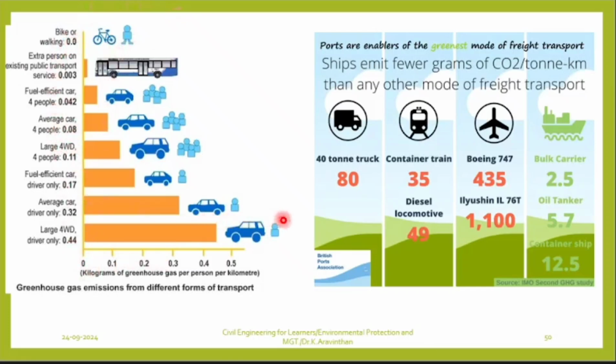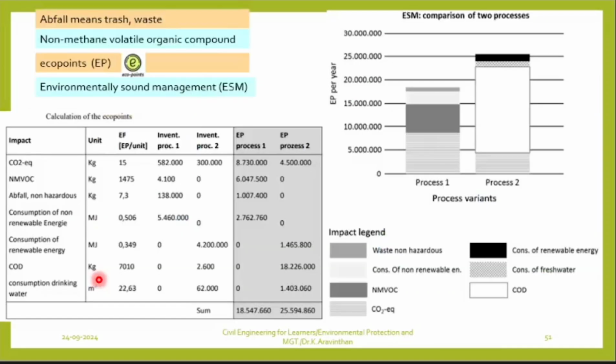But if you come in an SUV, which is an 8-seater or 9-seater, and you are the single person driving, how much CO2? 0.5 kilograms of CO2 is emitted if only a single person is traveling from one place to another. Okay, now I have completed today's topic.